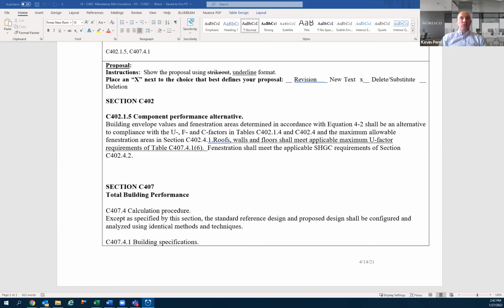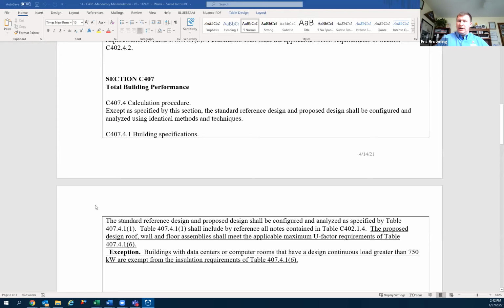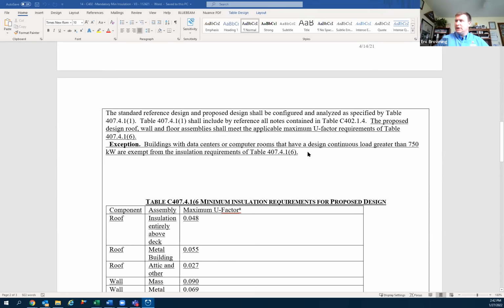Understood. All right, next we'll move on to Eric. Your hand was up next. Right, thank you, Kevin. With respect to the exception of C407.4.1, I'm curious if there would be consideration, John, perhaps to amending that so that we are not accepting entire buildings that may have data centers or computer rooms, and that we are instead maybe accepting the space itself or that portion of the building or the room that contains the data center.